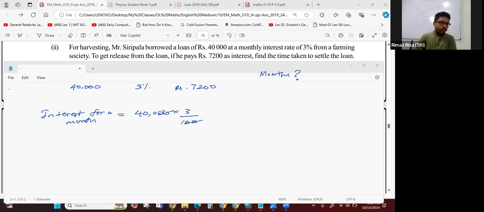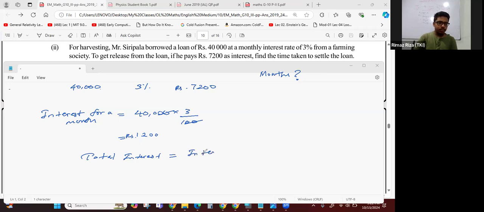So these two zeros we can cancel with this. So 400 into 3 is 1,200. So for a month, he has to pay 1,200 rupees.